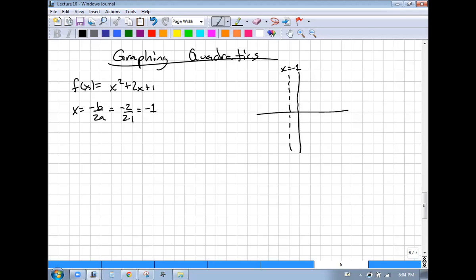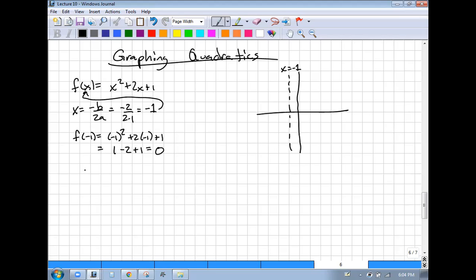So what we know is that the vertex lies somewhere on here. It could be here, it could be here, it could be here. We don't know yet, okay? But we can find out. We have an x value. If you want to find a y value, you just plug it in there. So f of minus 1 would be minus 1 squared plus 2 times minus 1 plus 1. Minus 1 squared is 1, minus 2 plus 1, so this is 0.